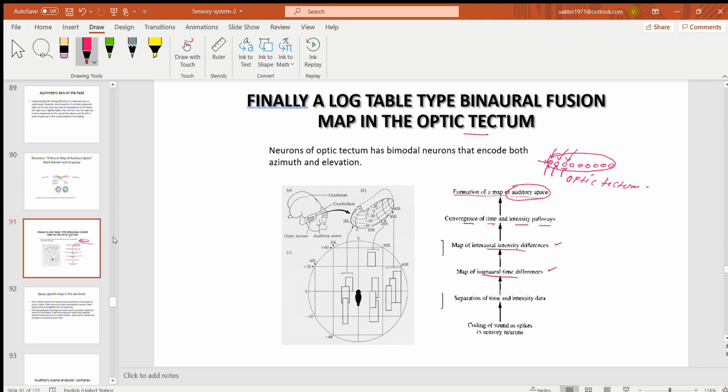So visual is coming from this way. If visual is like 20-degree azimuth, 20-degree elevation, also 20-degree auditory azimuth, 20-degree auditory elevation, these two and these two both are joining here to give you the precise, sufficient information about the location of the object.